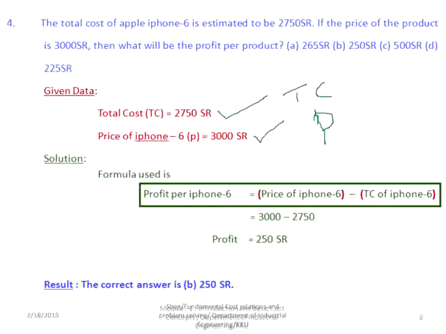These two are given. Now see the formula to solve this. What we should find: if the price of the product is 3000 Saudi Riyal, then what will be the profit per product? We have to find out the profit.